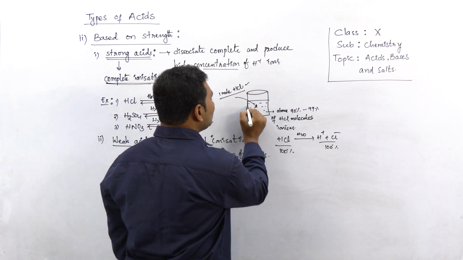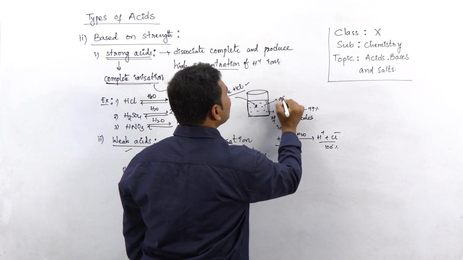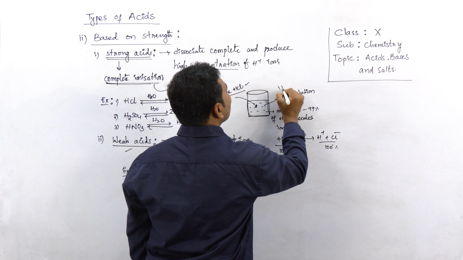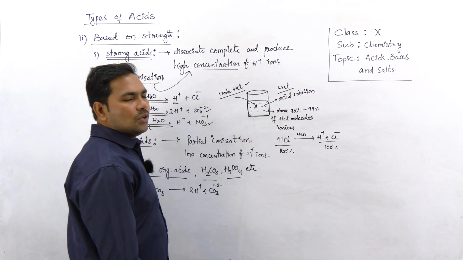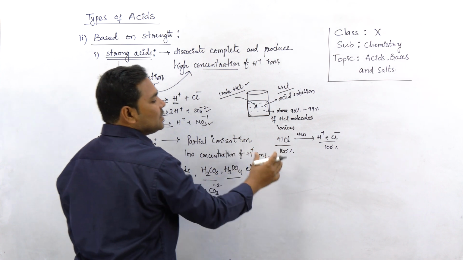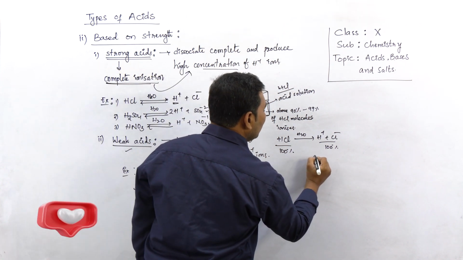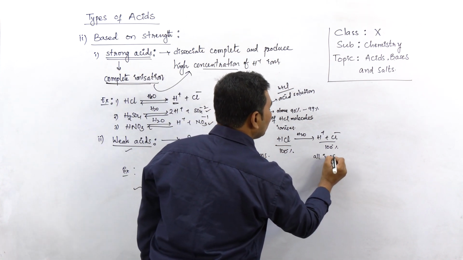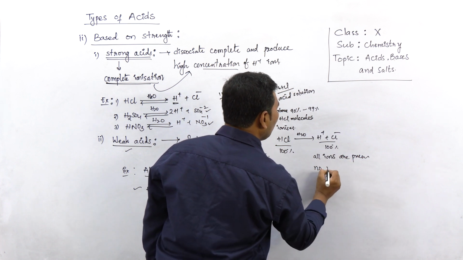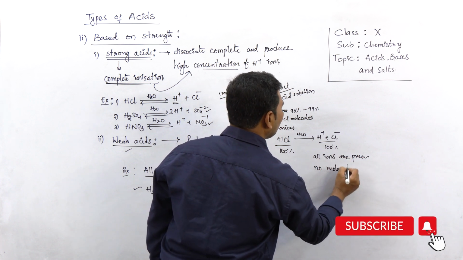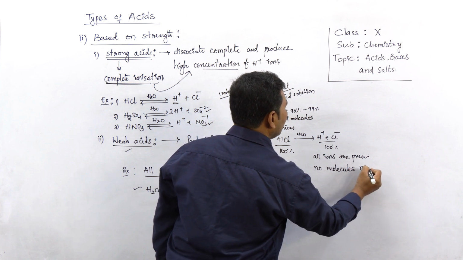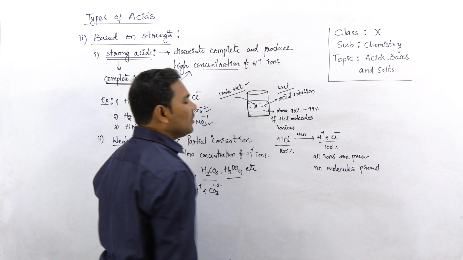So this now becomes an acid solution. Which acid? Hydrochloric acid solution. In an HCl solution, since it is a strong acid, only ions are present and almost no molecules are present, because they undergo almost complete ionization.